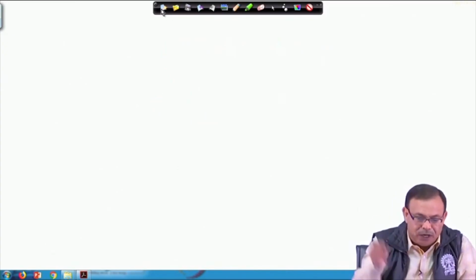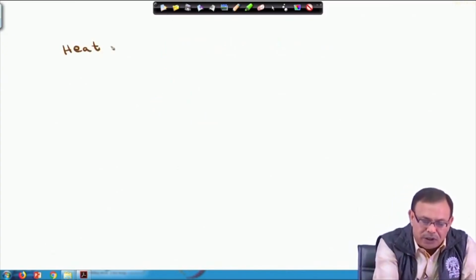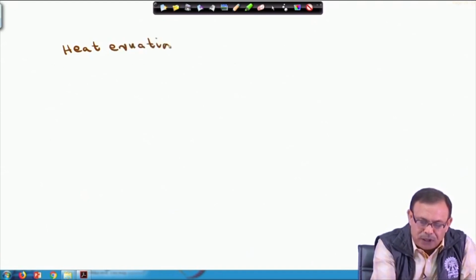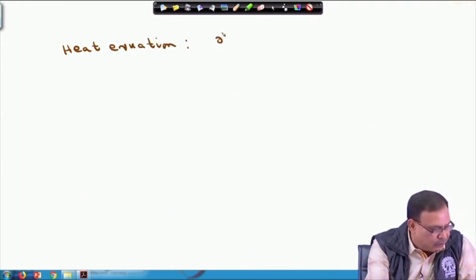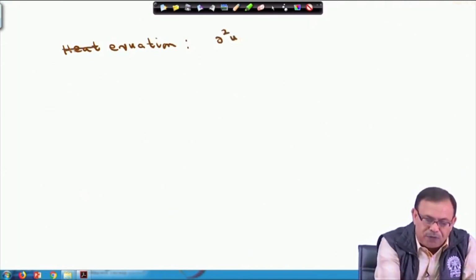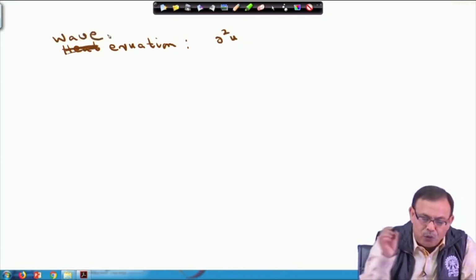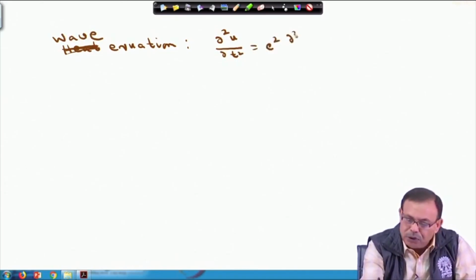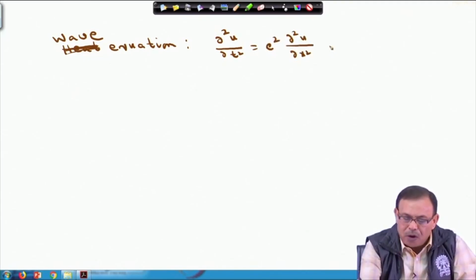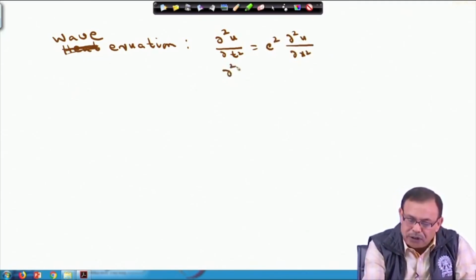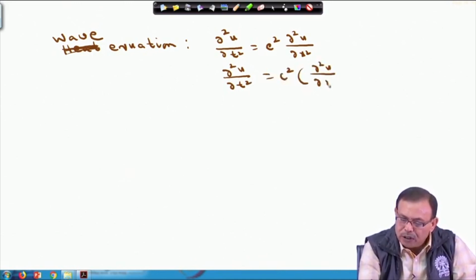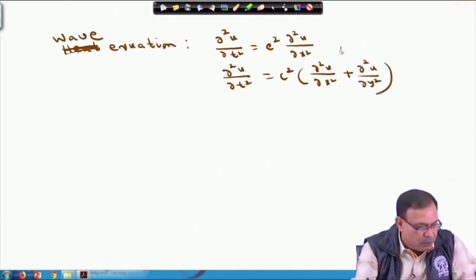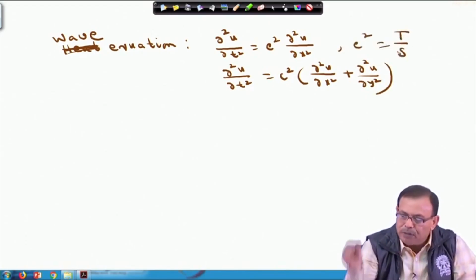In one form, let me first write down the wave equation: ∂²u/∂t² = c² ∂²u/∂x², or you can write it as ∂²u/∂t² = c²(∂²u/∂x² + ∂²u/∂y²), where your c² is T by capital S.